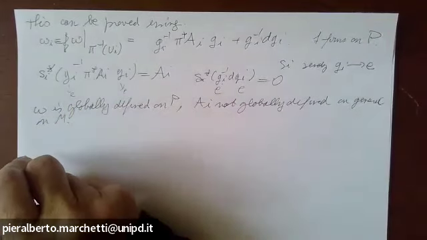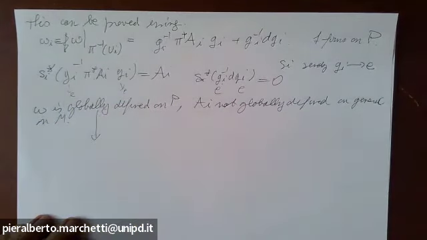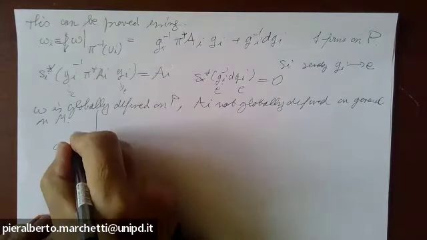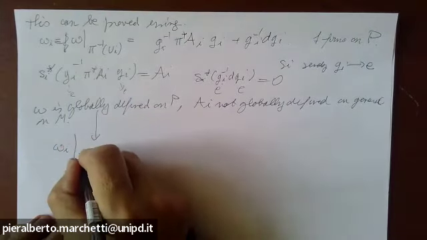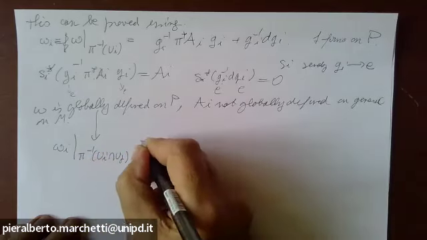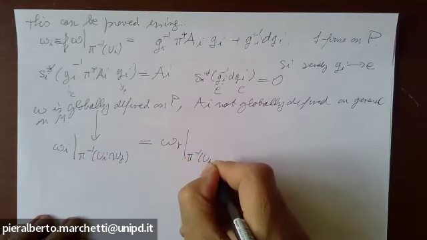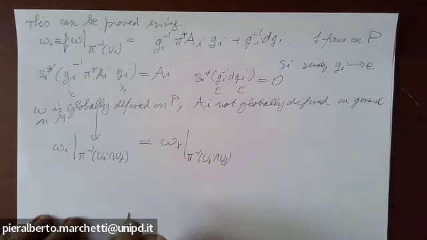On M, however, because omega is globally defined on P, omega_i, when you restrict to pi^{-1}(U_i ∩ U_j), must be equal to omega_j when you restrict to pi^{-1}(U_i ∩ U_j).